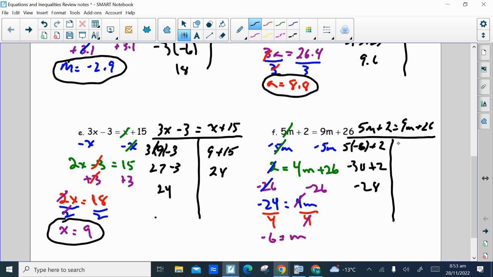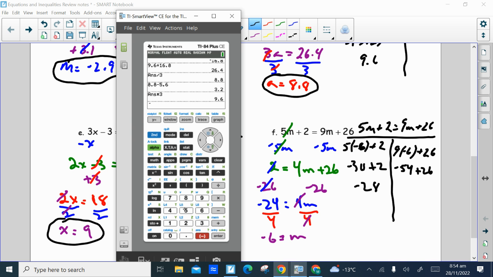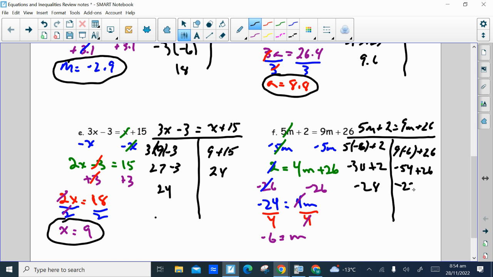On the right, 9 times negative 6 plus 26. 9 times negative 6 is negative 54. And negative 54 plus 26 is negative 28. We get the same thing on both sides. Shows that the answer is correct.